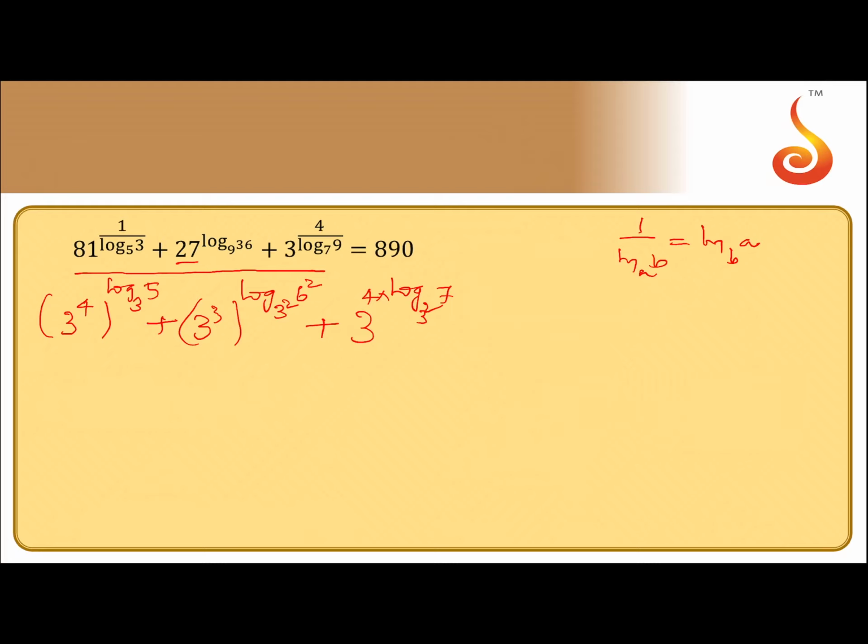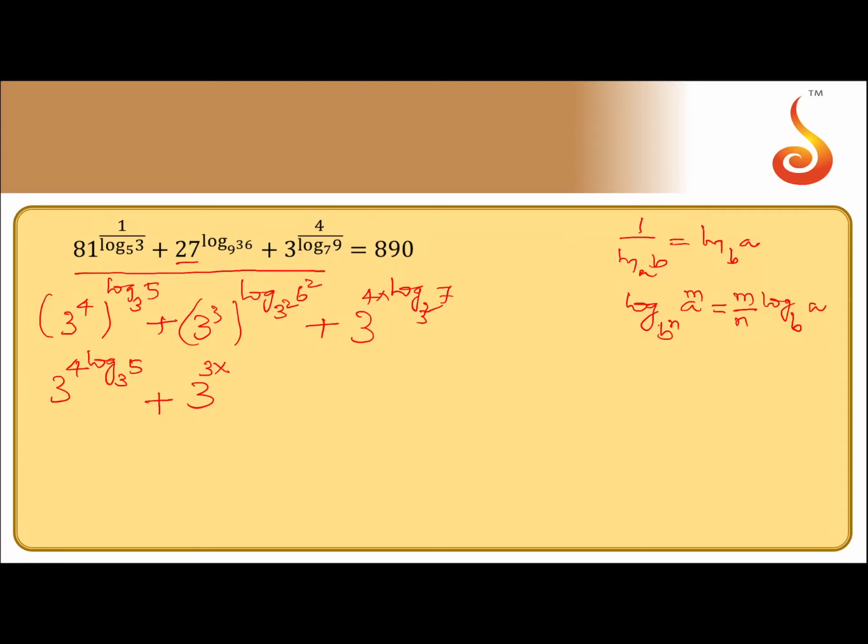Now this can be written as 3 power 4 log 5 to the base 3 plus 3 power 3 multiplied by this number. But remember, here we use the formula a power m to the base b power n as m divided by n times log a to the base b.